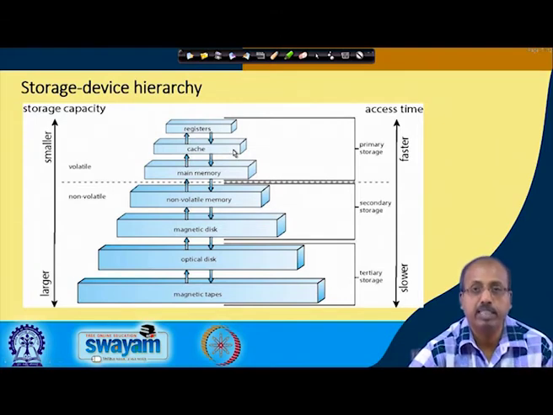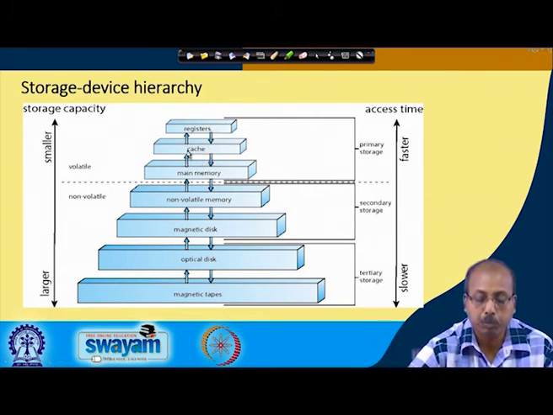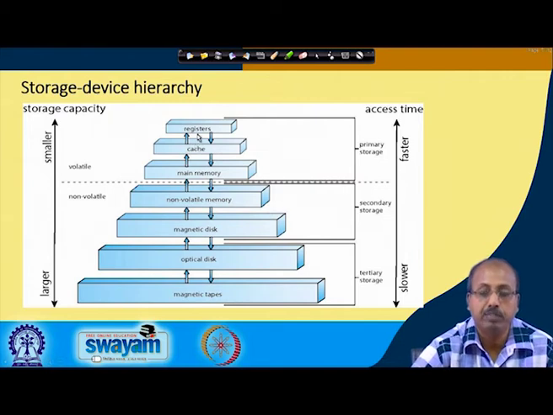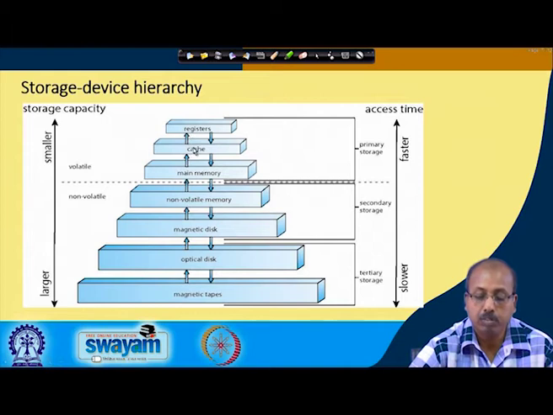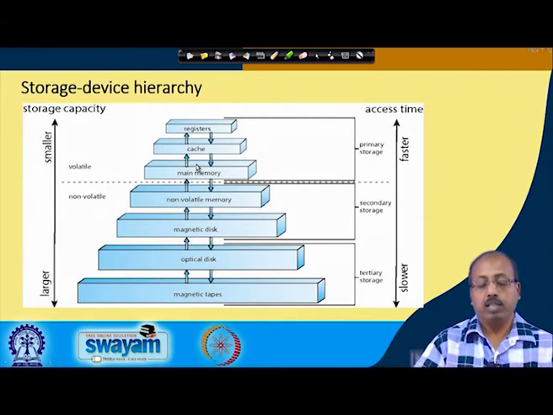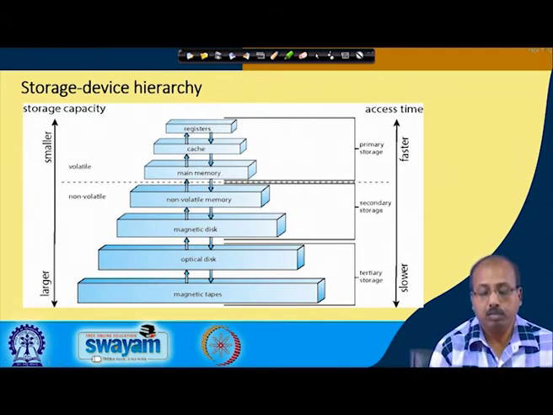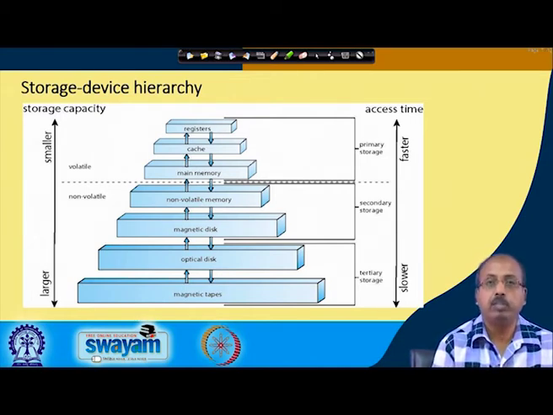Another type of memory that has been designed is the cache memory, which comes in between the registers and the main memory, so that the portions of memory which are frequently referred to by a program can be kept in the cache. It does not have to come to main memory every time you want to get the content of those values. This cache is faster than main memory because of its access technology, which is different from main memory, and it has a parallel access.